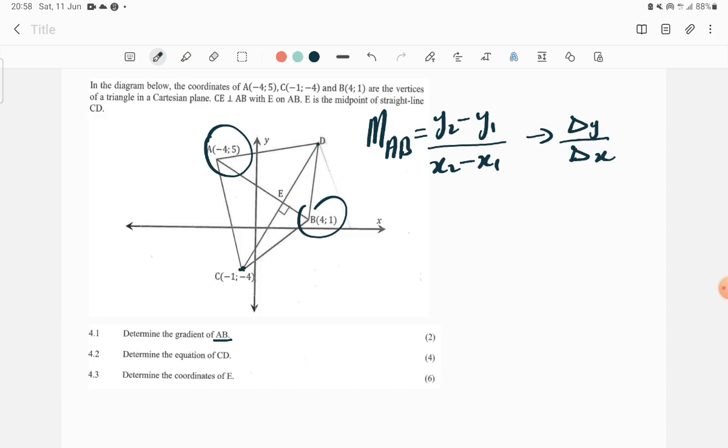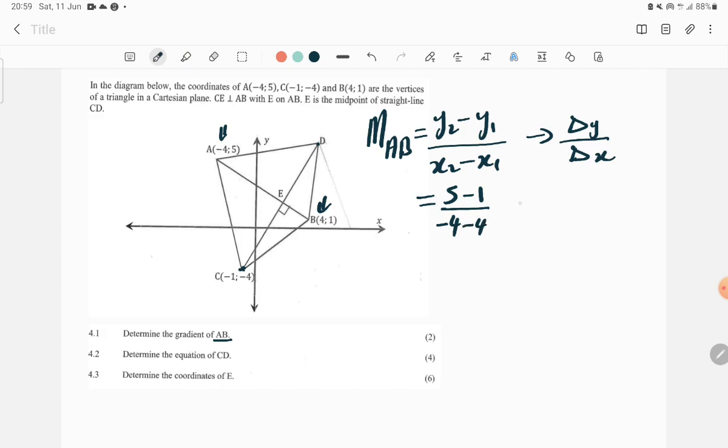Now, we have y1 and y2 and x1 and x2 that we need to substitute into our formula. So y2 is going to be 5, then 5 minus 1, divided by x2 which is negative 4, minus x1 which is just 4.